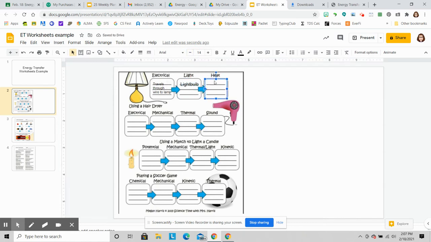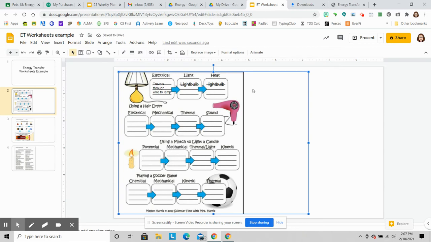The heat, as we talked about in the activity from yesterday, older light bulbs, they give off heat. The LED ones don't as much. The compact fluorescent ones don't as much. But the old type of light bulbs we used to use do give off heat.